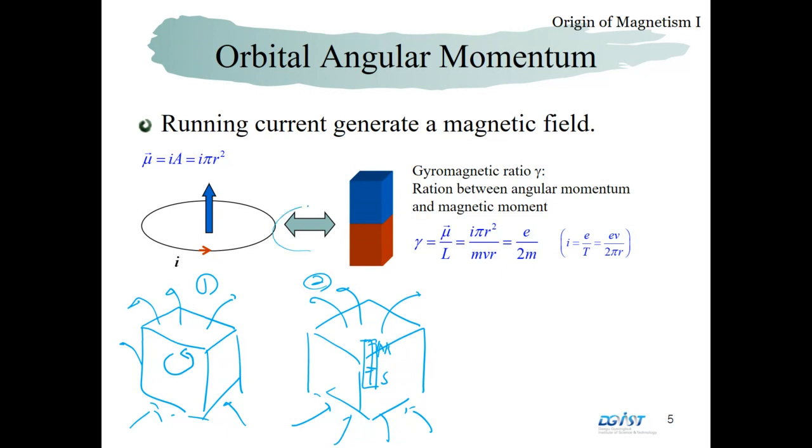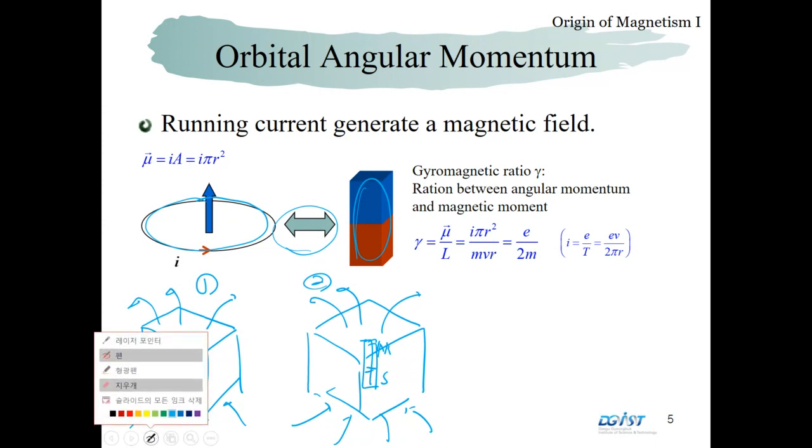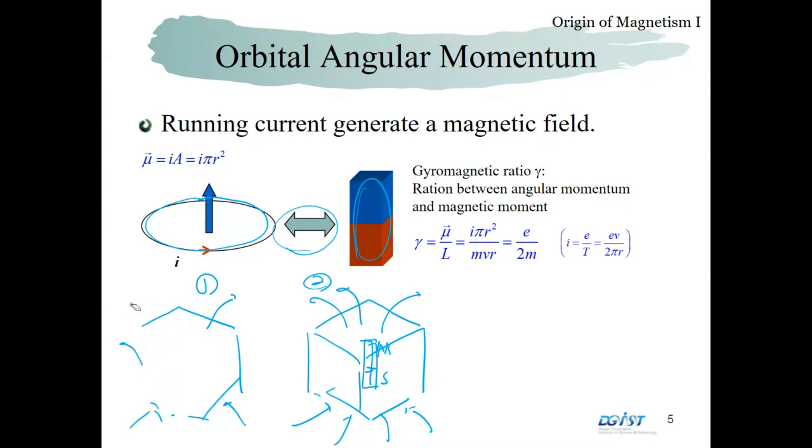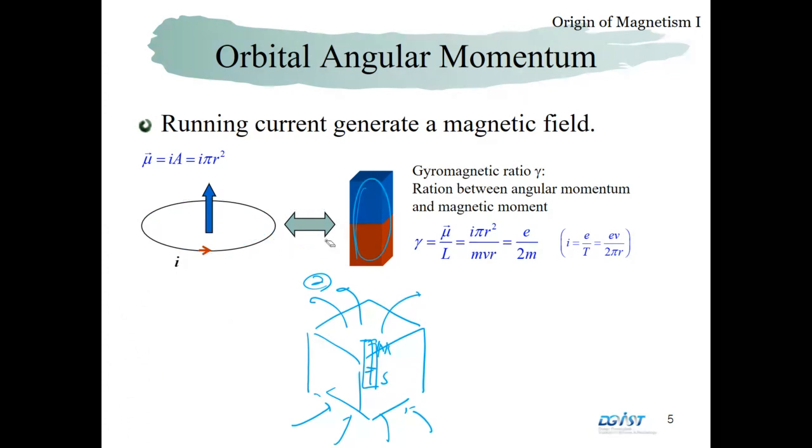So that means they are actually equivalent in the sense of electromagnetism. So all running current of this shape is equivalent to the small ferromagnetic material, the small magnets, and vice versa. So we don't need to understand both. If you understand a single part, we can replace the other one. That's a very important concept. That is a very important comment. Do you have any question about this?